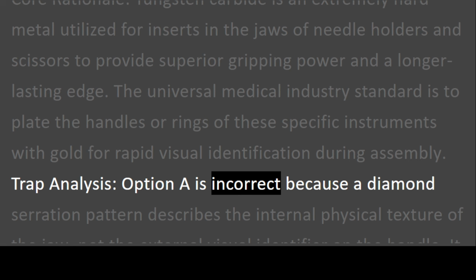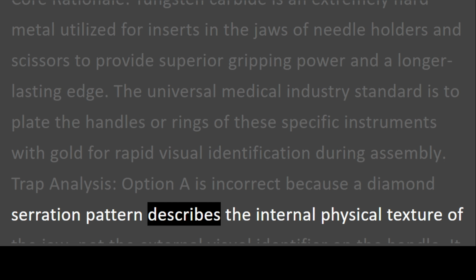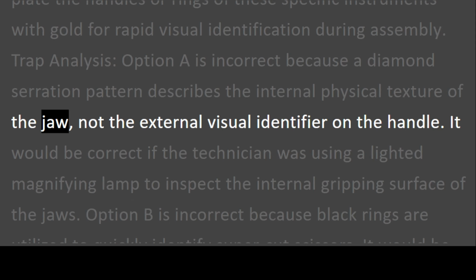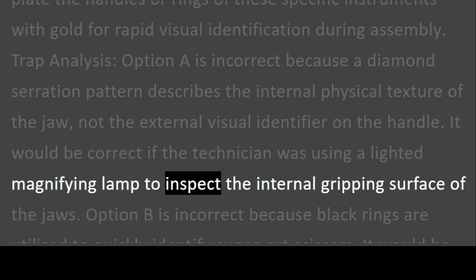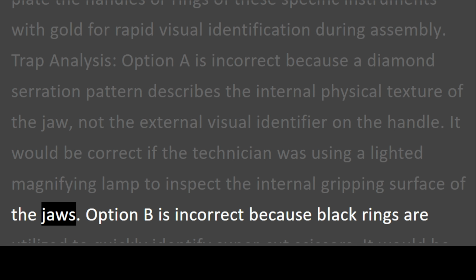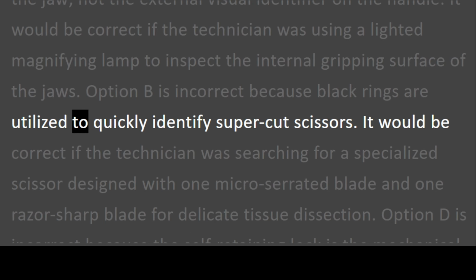Option A is incorrect because a diamond serration pattern describes the internal physical texture of the jaw, not the external visual identifier on the handle. It would be correct if the technician was using a lighted magnifying lamp to inspect the internal gripping surface of the jaws. Option B is incorrect because black rings are utilized to quickly identify supercut scissors.